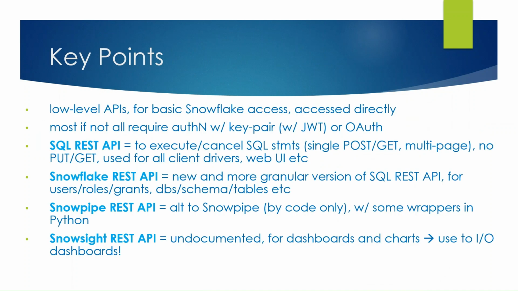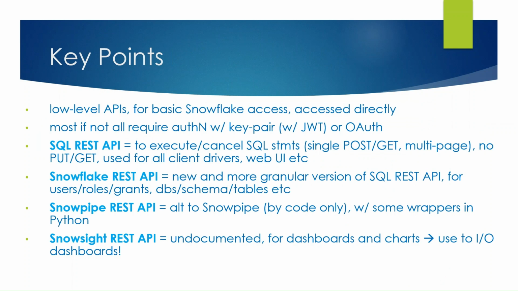And just some important key points here. All these REST APIs are low level APIs for basic Snowflake access. You access directly, and most, if not all, require authentication with a key pair, with JSON Web Token, JWT, or you can use OAuth.